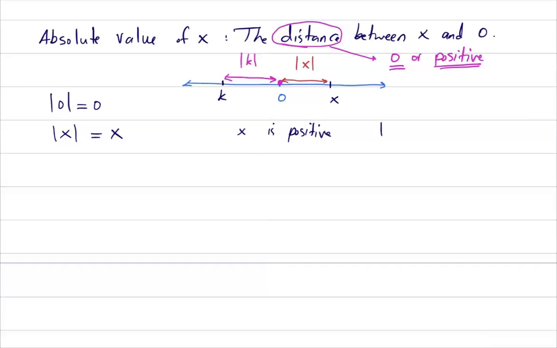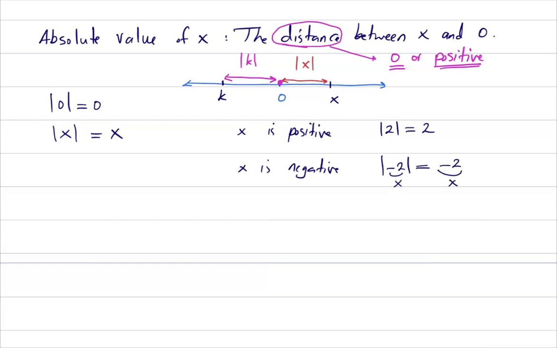For example, if you have the absolute value of 2, which is the distance from 2 to 0, that is 2. But if I ask you to calculate the absolute value of negative 2, what would be the answer? Since x, in this case, is negative, you cannot just write it as negative 2. You cannot just take x and write x back here.